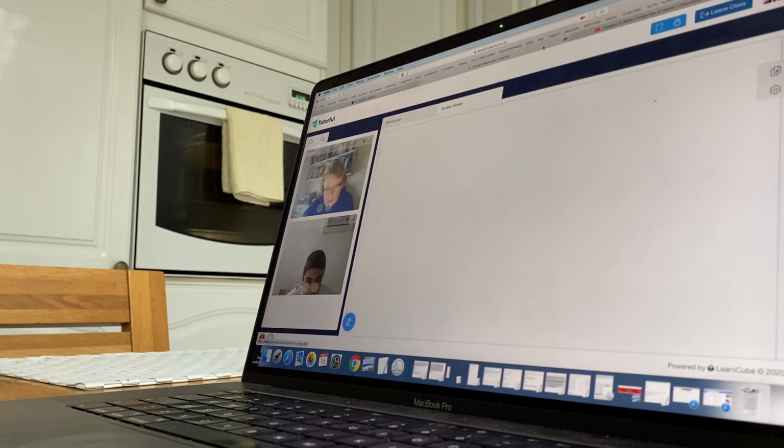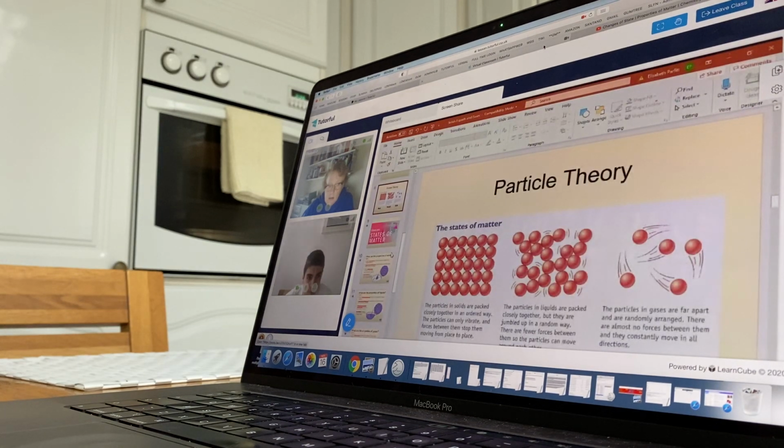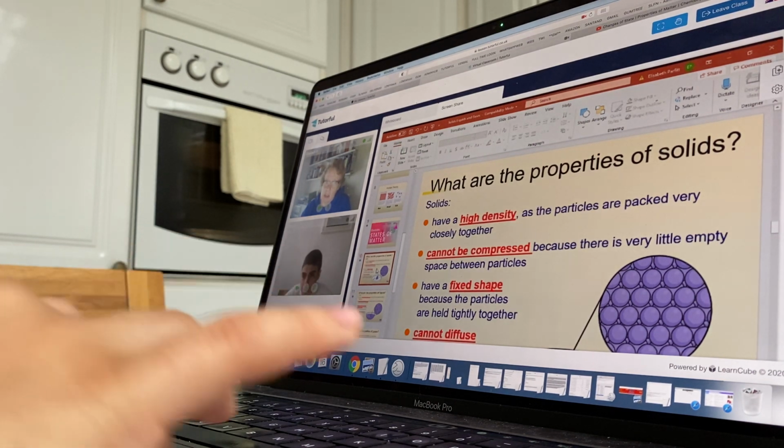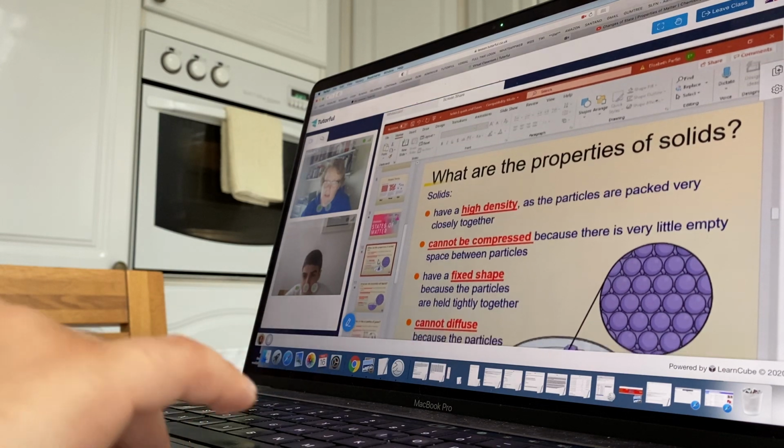Right. A bit more about the particle theory that I was talking about here. What it's saying is that we can explain the properties of solids and liquids and gases by understanding how the particles are arranged in each of those types of things.